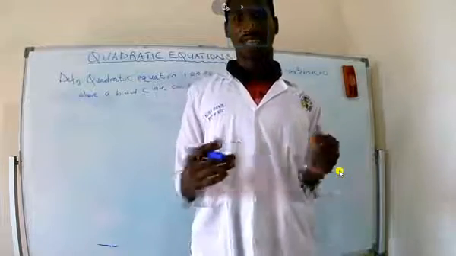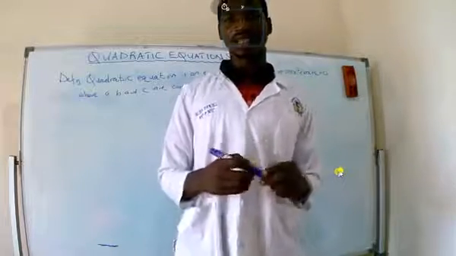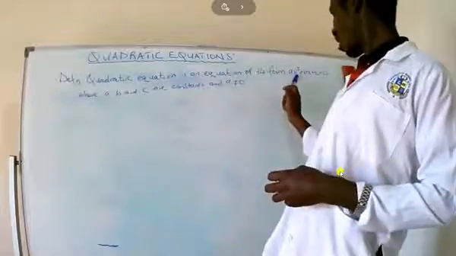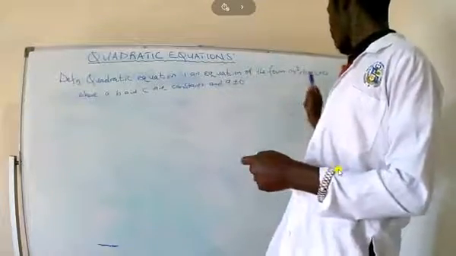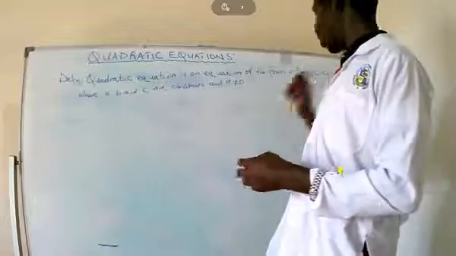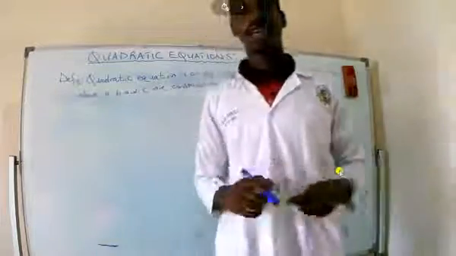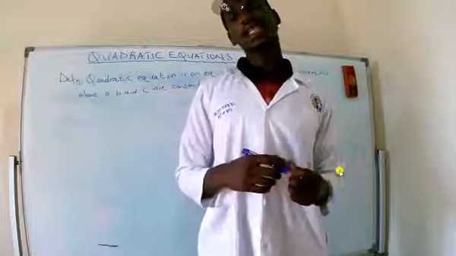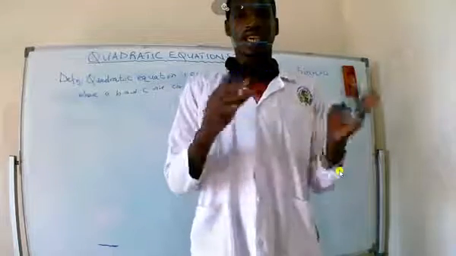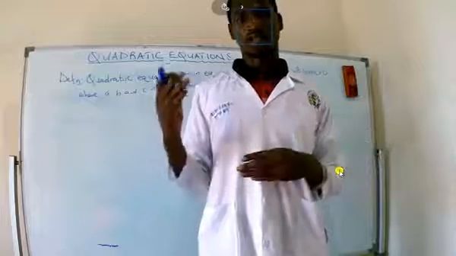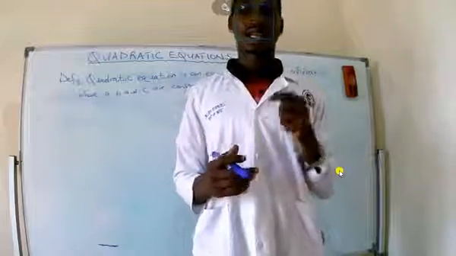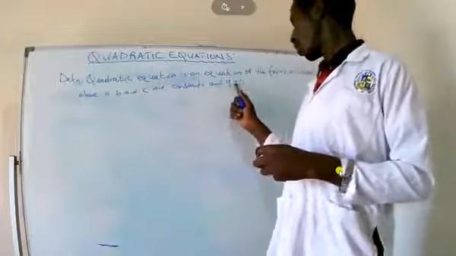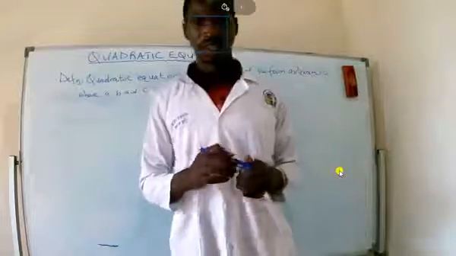A quadratic equation, as the name suggests, is an equation which can be expressed in the format ax squared plus bx plus c equals 0, where a, b, and c are constants, but b and c can take any value, but a cannot take 0. That's why we say where a is not equal to 0.